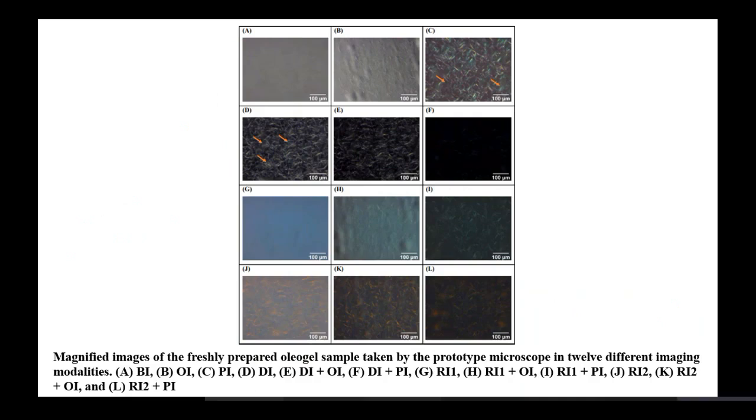Okay. Now this is an oleogel sample which was prepared by one of our PhD students. It has fat crystals. Now see, it is giving us beautiful needle-shaped crystals, and here also you can see the 3D structure is quite visible, the crests. They are quite visible over here, which was not visible in bright field microscopy and also in polarizing microscopy.